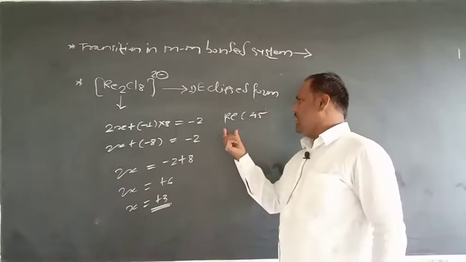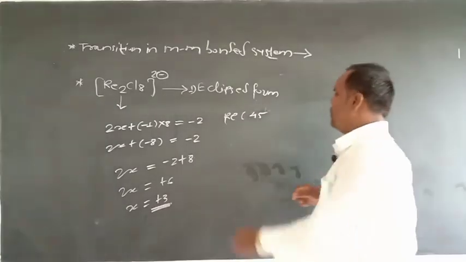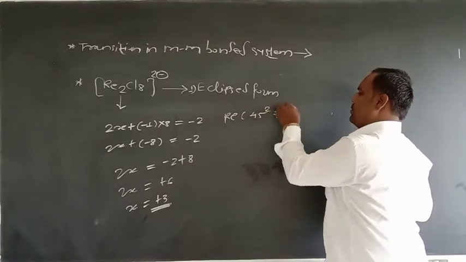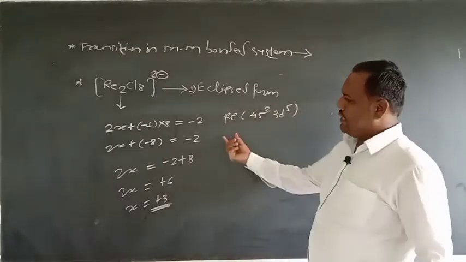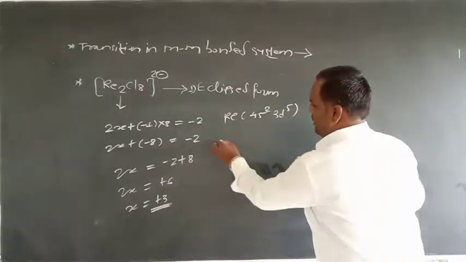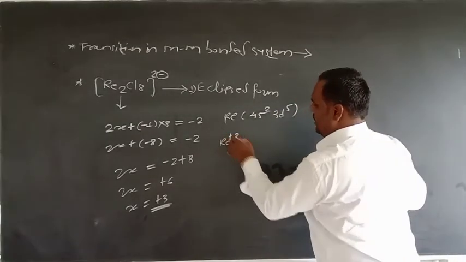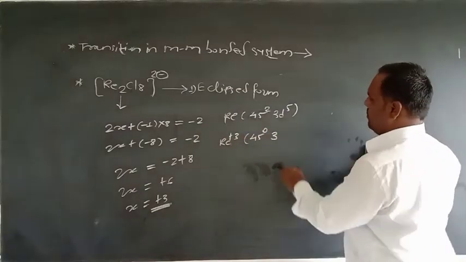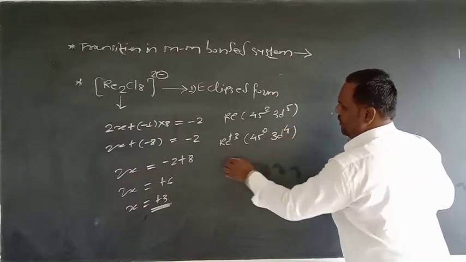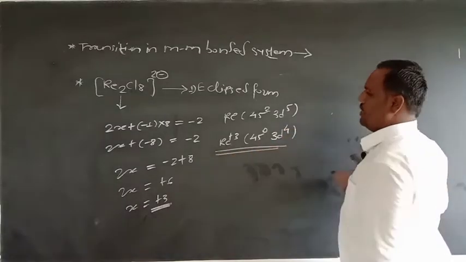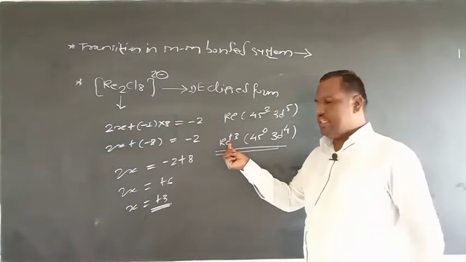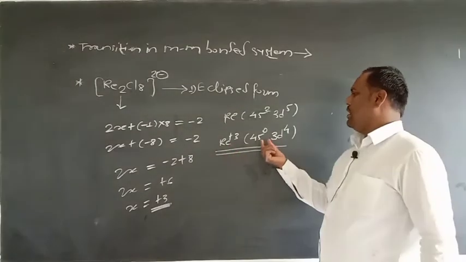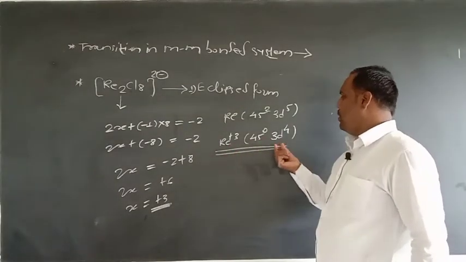So it is a member of the manganese family, with 4s2 3d5 valence configuration, but it is present in plus 3 oxidation state. So rhenium in plus 3 has 4s0 3d4 configuration.